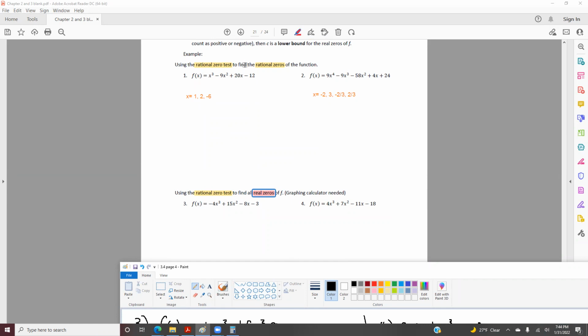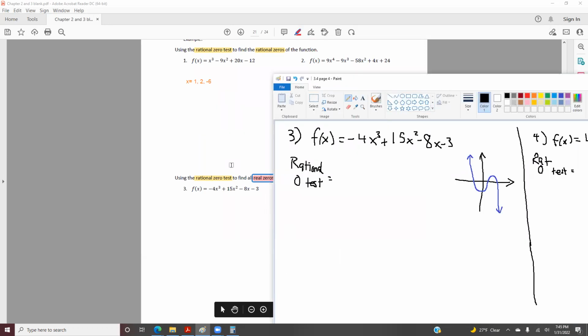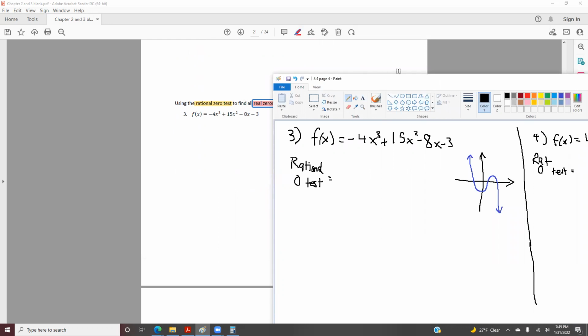So make sure you understand the difference between rational and real zeros. Real zeros can be rational, can be fractions, and can be square roots in this case. So if you got any square root in questions 1 and 2, you have to reject it. In this case, you can have a square root answer here.